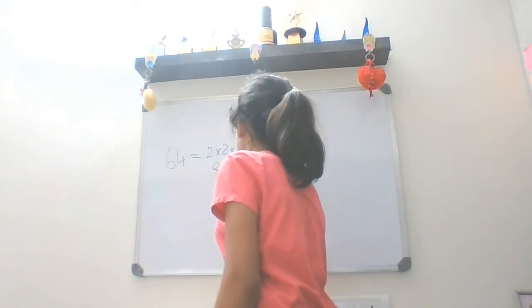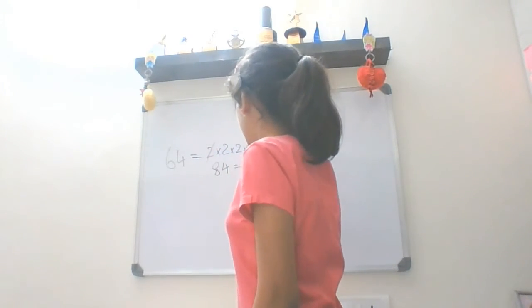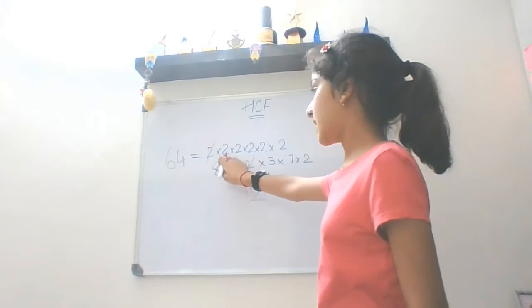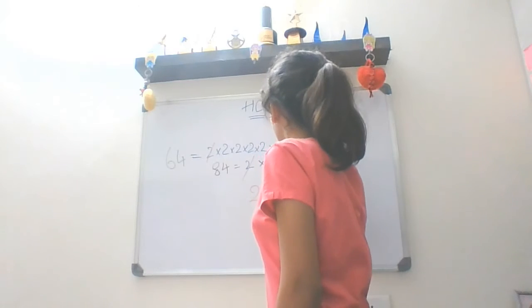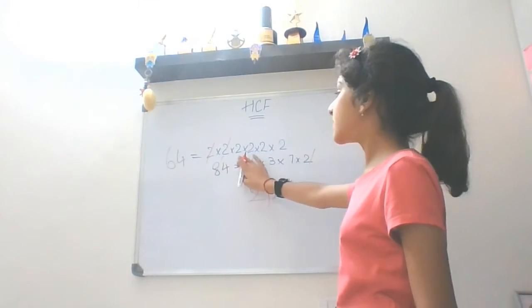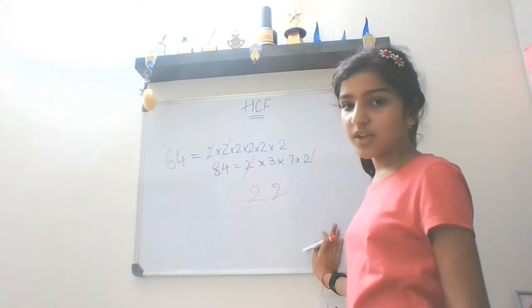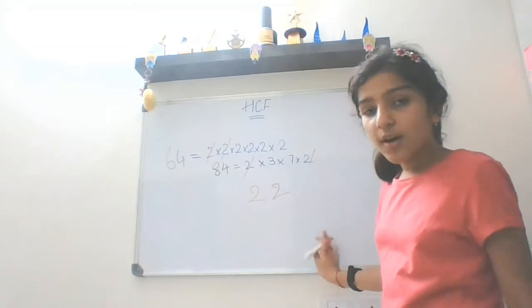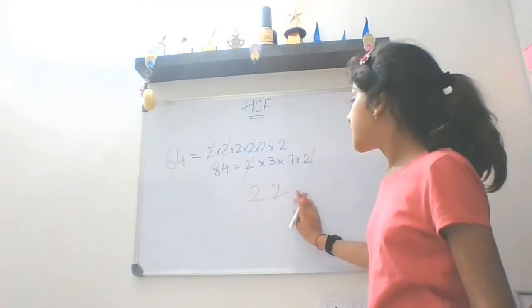So 2, and so this is done. Next number is again a 2, and there is another 2 here. So another 2 we've got. Now this is another 2, but there is no 2 here. And if you look at the rest of the numbers, there are no more. So we've got our common factors. They are 2 and 2.